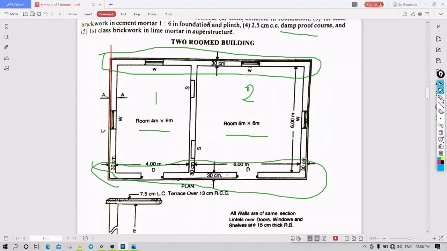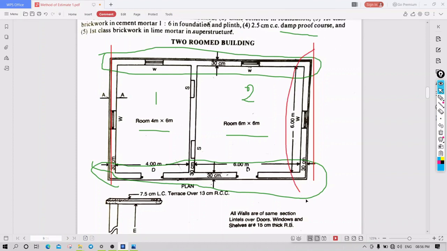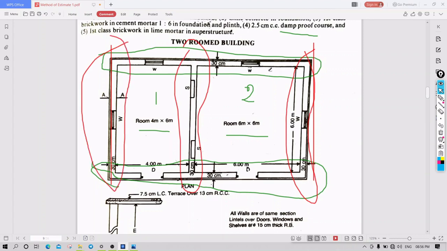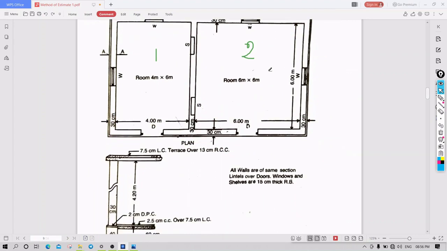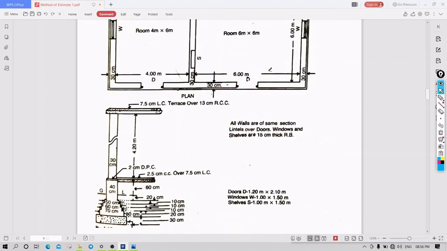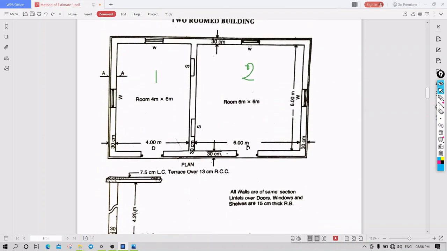I'll take this as the vertical wall. So we have three vertical walls and two long walls. With this pre-assumption, they have given the cross section of the wall on AA.